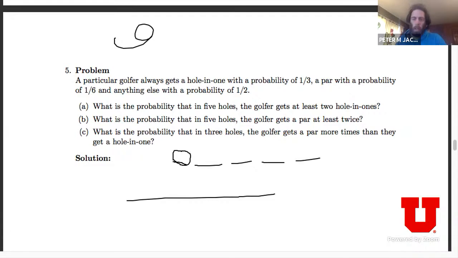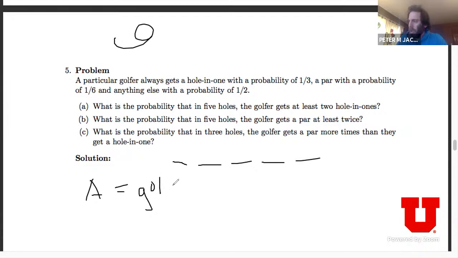So instead, we're just going to use the complement rule. Let me start over. We still have these 5 slots. Let A be the event that the golfer gets at least 2 holes in one, and the complement of at least 2 holes in one is 0 or 1 holes in one.